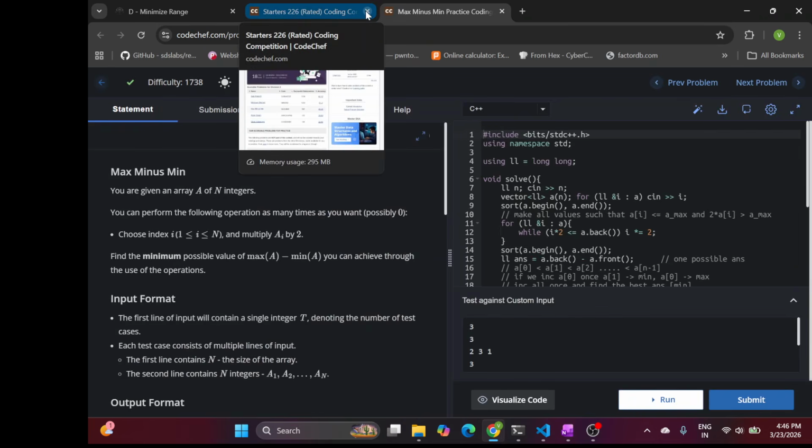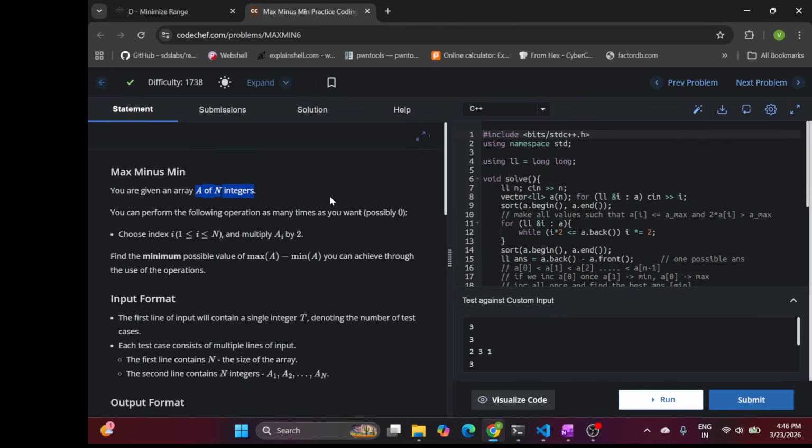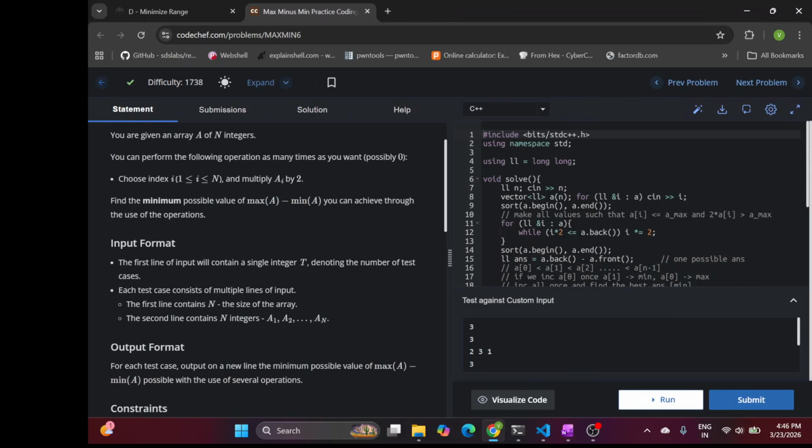Yeah, it was problem number C. If you notice, in this question also we are given an array of n integers and we can perform the operation any number of times, and in this we need to multiply A_i by 2, right? And we need to find the minimum value of these two values.